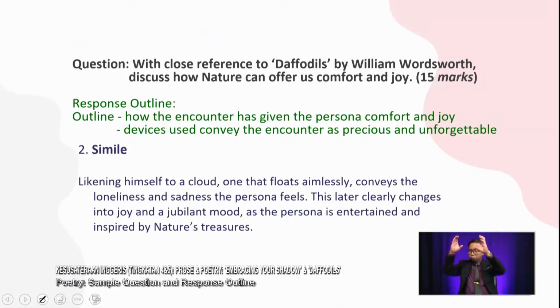When he likens himself, compares himself to a cloud, floating aimlessly, he is indicating there the sadness and the loneliness that he feels. So you have the simile in use, and that expresses how the persona feels, especially before he meets the daffodils. What happened after that? After that, clearly his mood changes. He is cheered up.